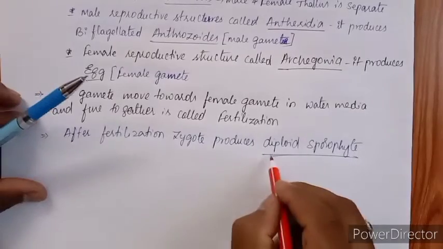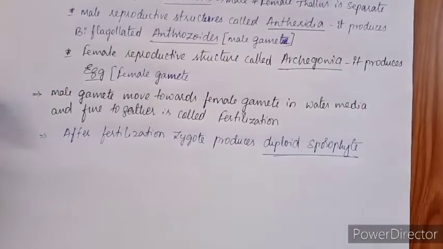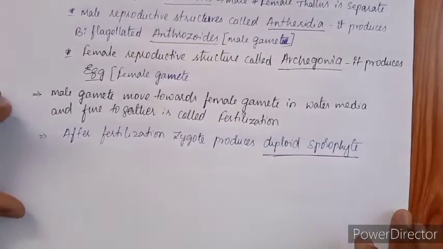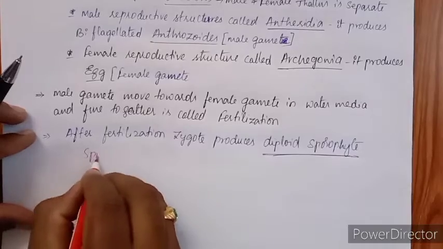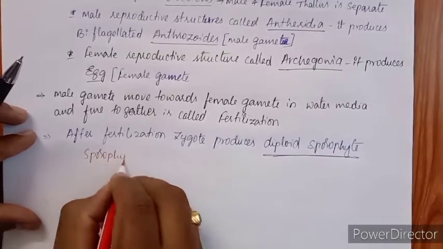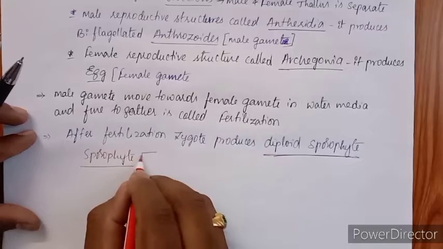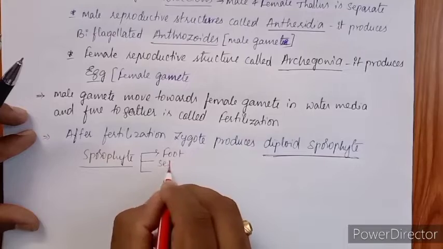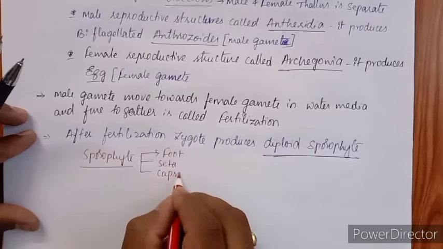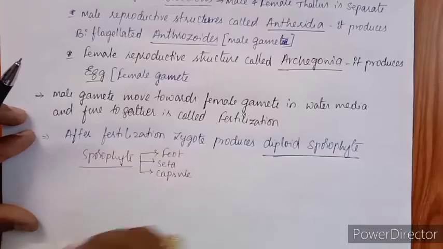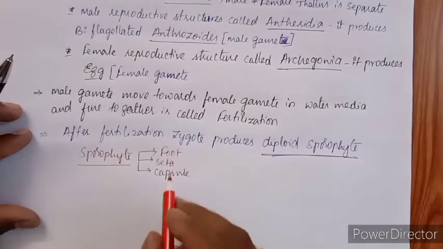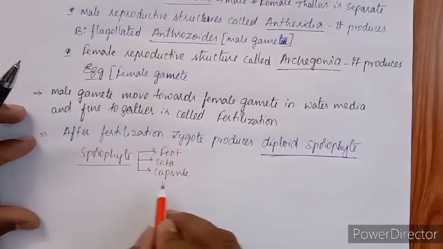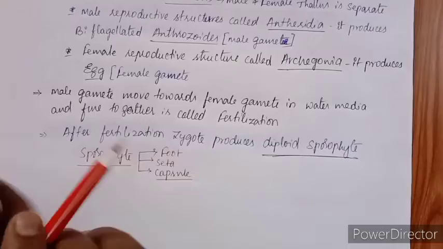The diploid sporophyte is differentiated into three important structures: foot, seta and capsule. The foot is the basal structure, the seta is the middle structure, and the capsule is the terminal end. The capsule has spores.